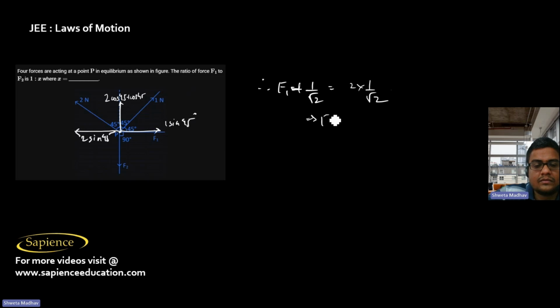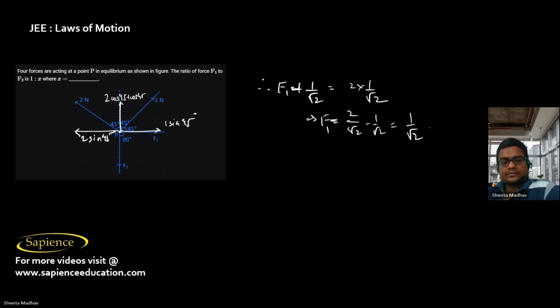So therefore, the force f1 plus 1 by root 2 is equal to 2 by root 2. So f1 is 2 by root 2 minus 1 by root 2, that is equal to 1 by root 2.